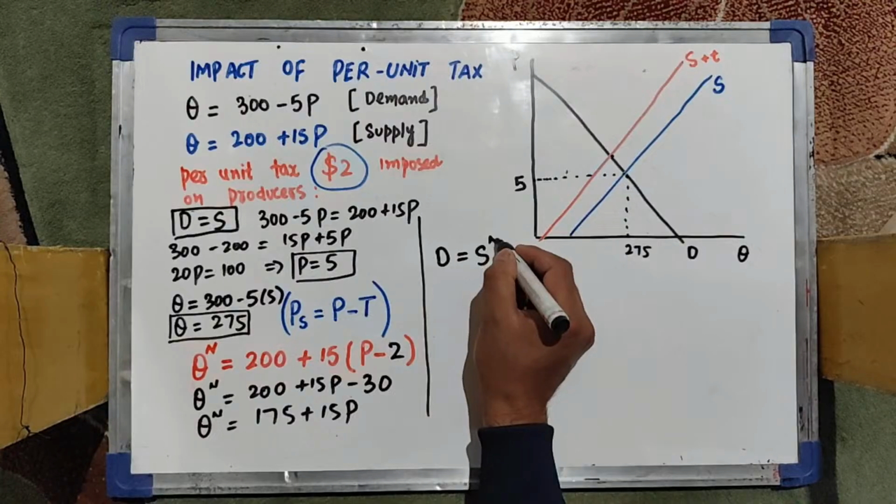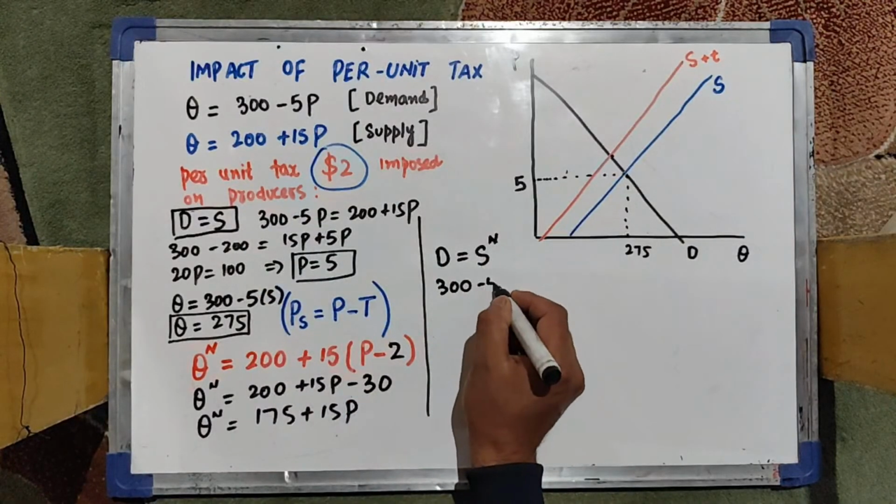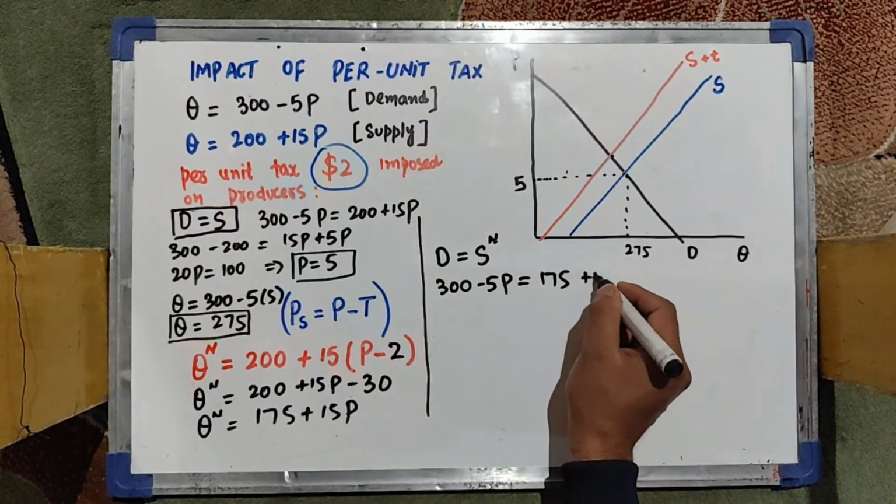Demand initially is 300 minus 5p, and we equate it with the new supply function, which is 175 plus 15p.